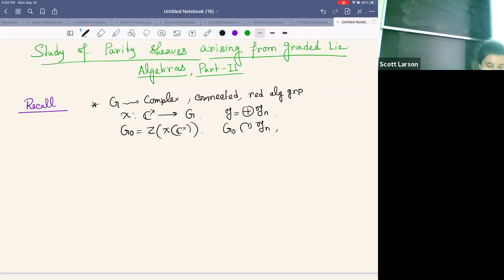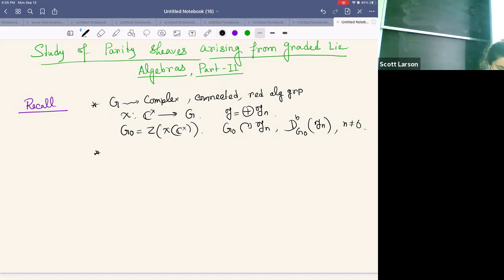I said that we are interested in the G0 equivariant bounded derived category on the graded piece, for n not equal to 0.